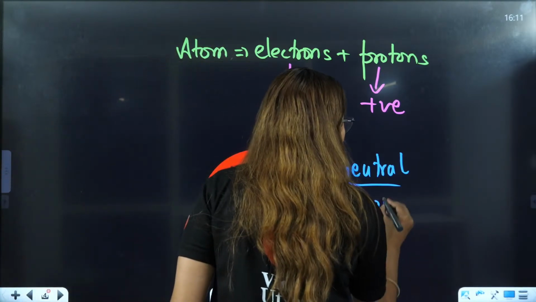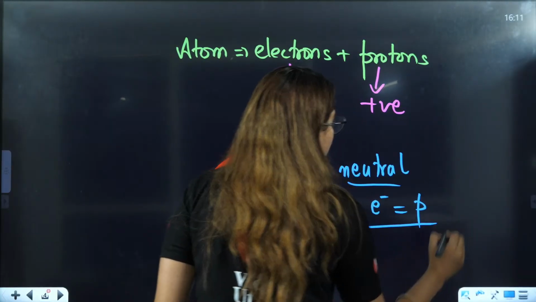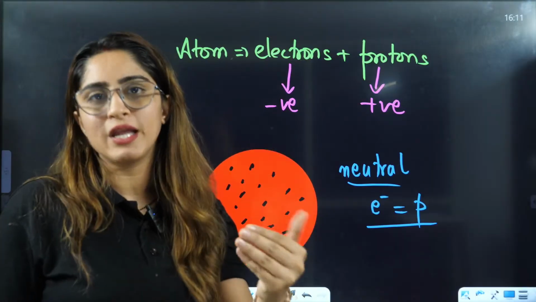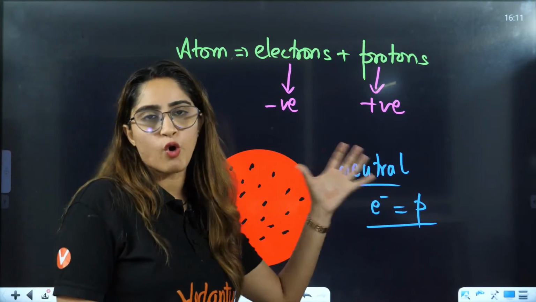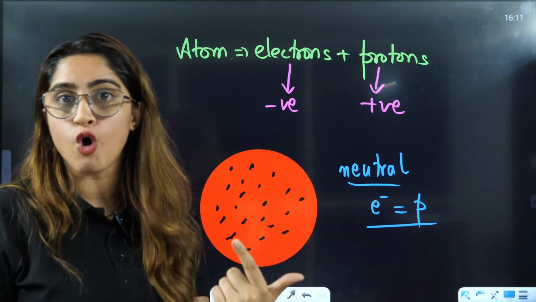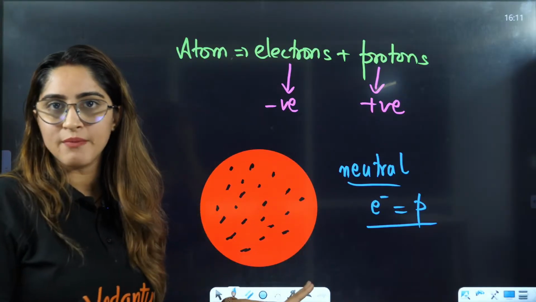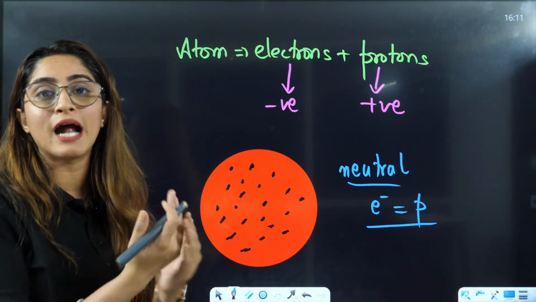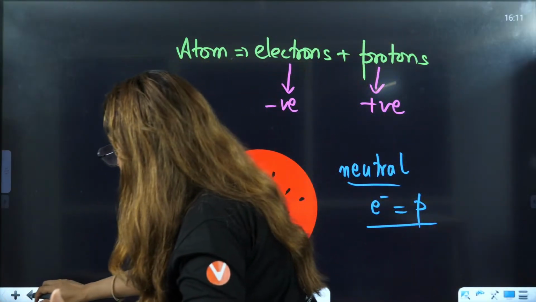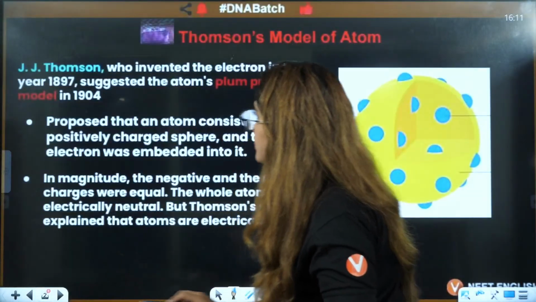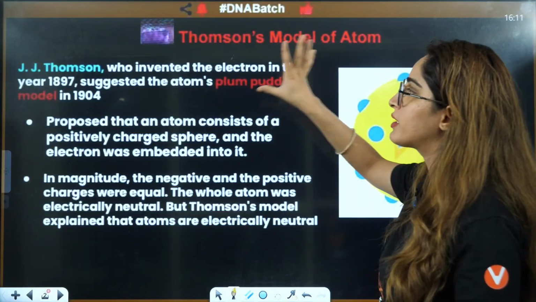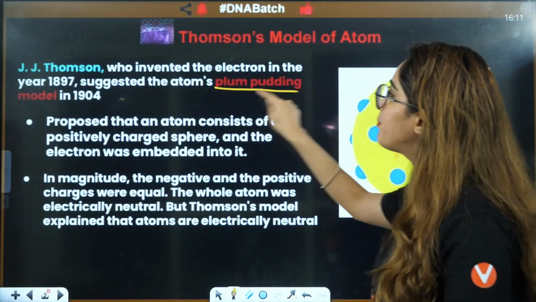We will study in the discovery that electron and proton charges are equal, so the number of electrons and protons in a neutral atom is the same, and they cancel each other so that the overall atom is electrically neutral. So you can see here that J.J. Thomson, who discovered the electron, suggested the plum pudding model.